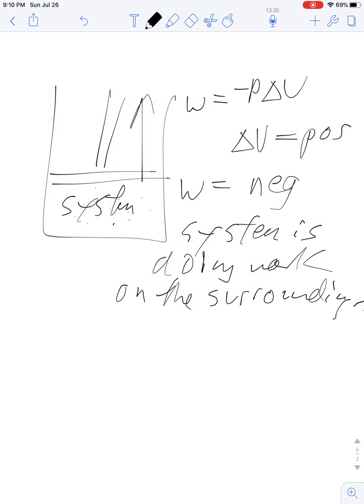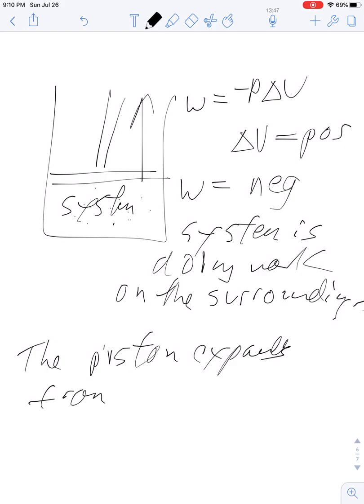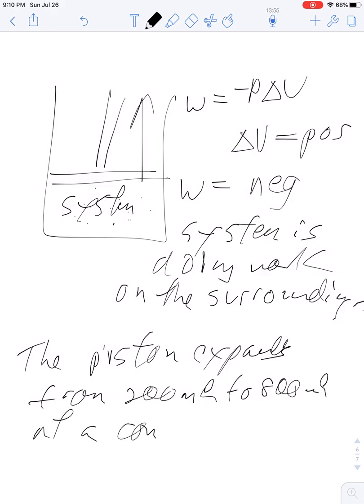So let's just do a quick problem here. So let's say the piston expands from 200 milliliters to 800 milliliters at a constant pressure of 50 kPa.